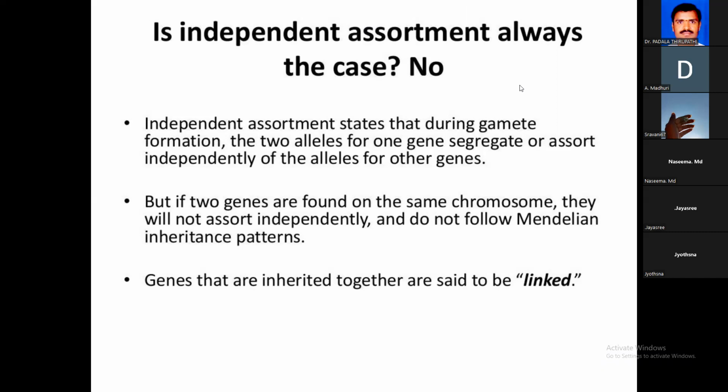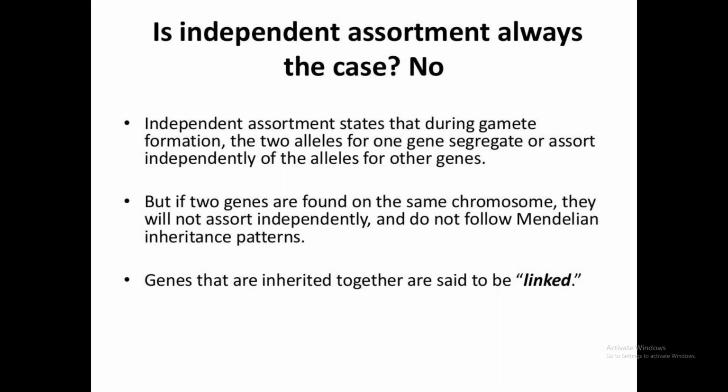Independent assortment means the genes move independently to the offspring without any recombination, linkage or crossing over. Whatever ratio Mendel gave, the dihybrid cross ratio 9:3:3:1, if that is the ratio, then there is independent assortment.